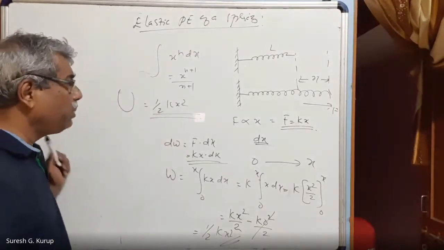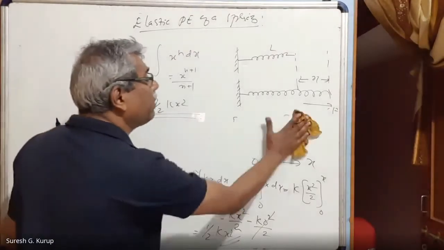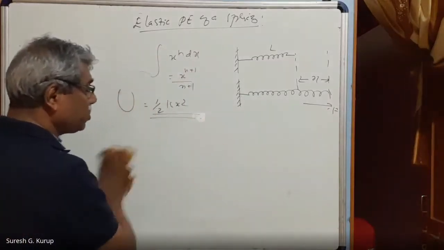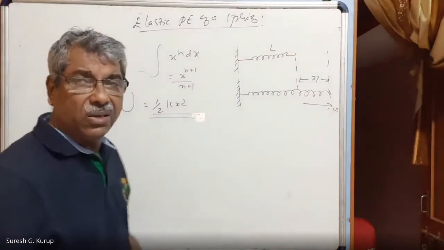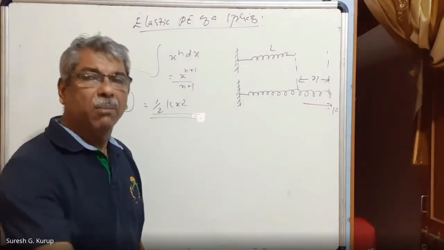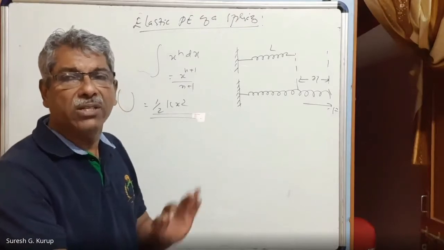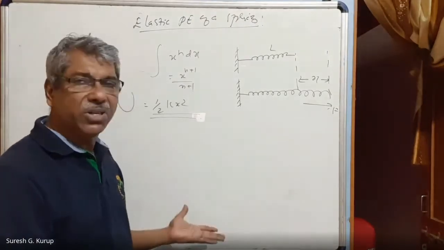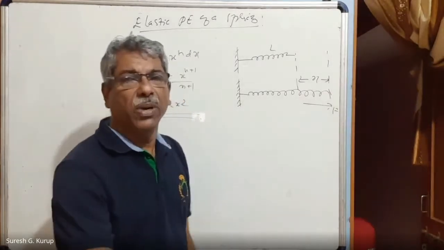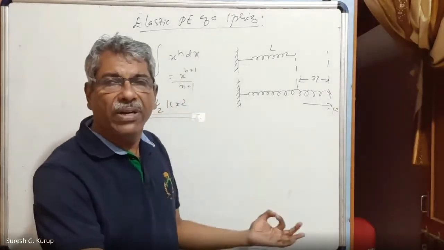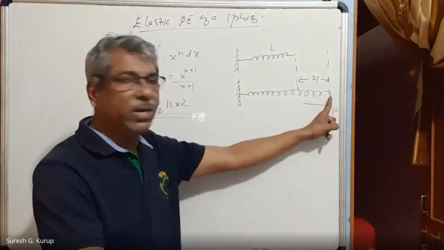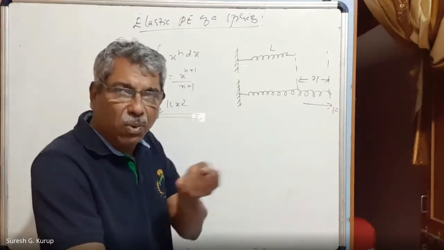The same thing can be derived in some other way also. That means the spring force is a variable force. So the work done by a variable force can be obtained by plotting the force extension graph. At different stages, the spring is slowly extended, and every time, with the help of a spring balance attached to the end of the spring, it is pulled.